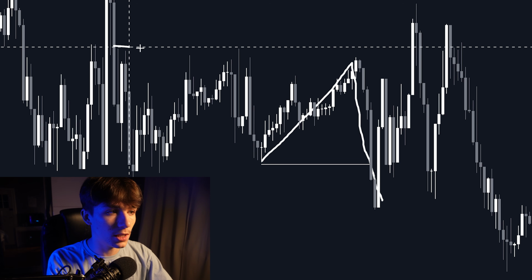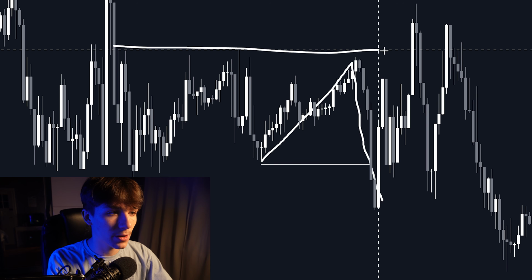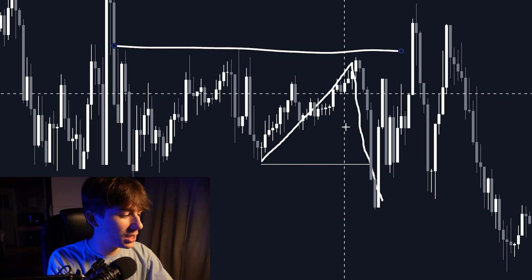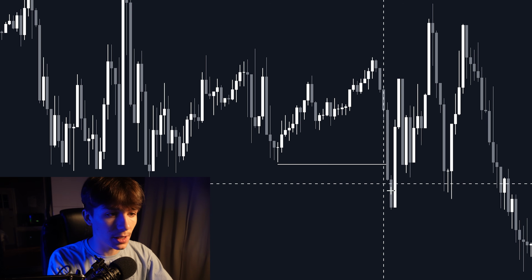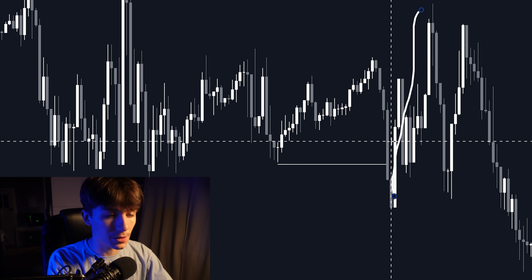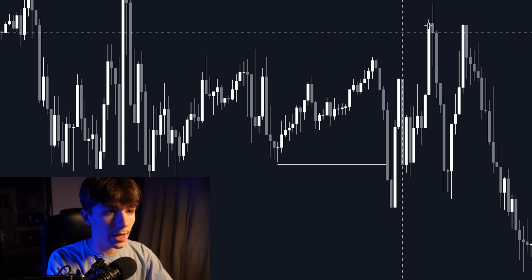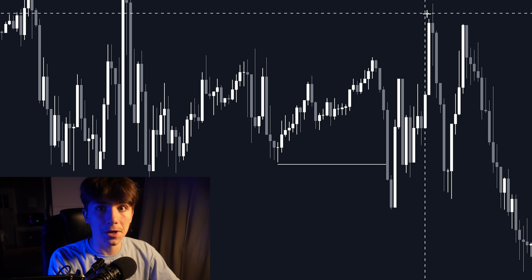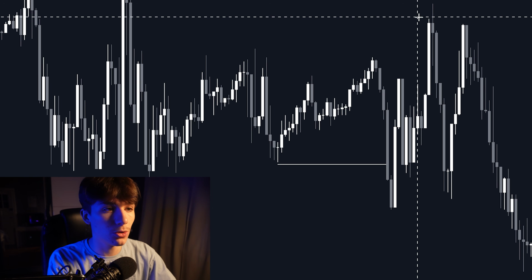The major liquidity is resting above here, right? And so once we actually see this liquidity being taken out on this move, these people who shorted right here got their stop loss hit, and this is where the market maker orders got filled, so to say.